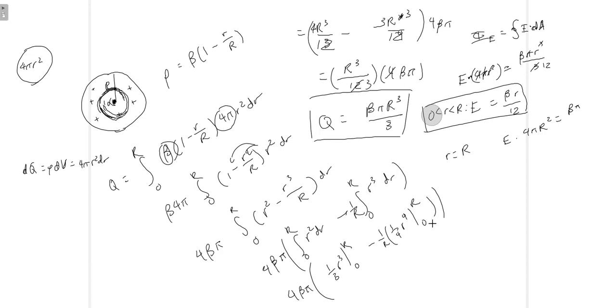Now we have all of the charge enclosed. Oh, I did forget the permittivity here. So I do need this permittivity right there. Again, these pi cancel out, this R cancels out. This is 12 here. So E is equal to beta R over 12 epsilon 0.